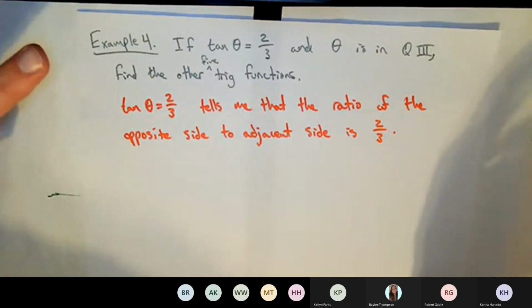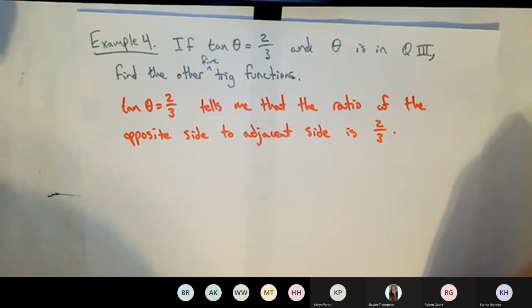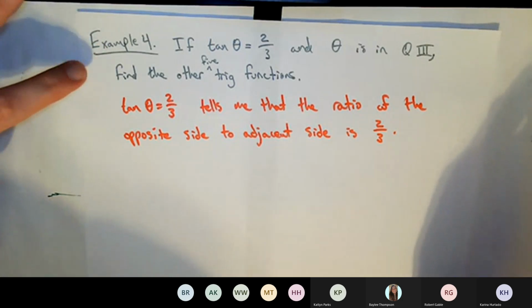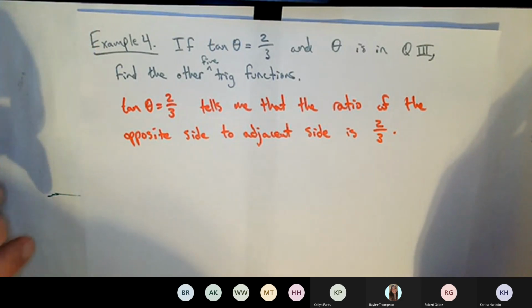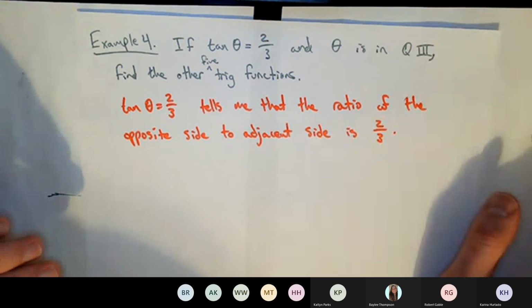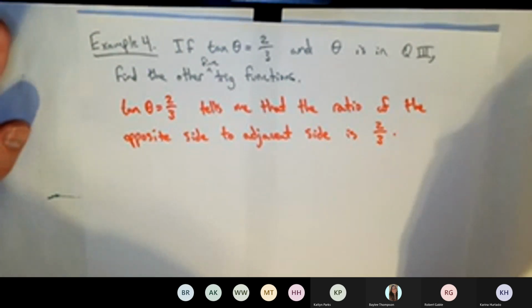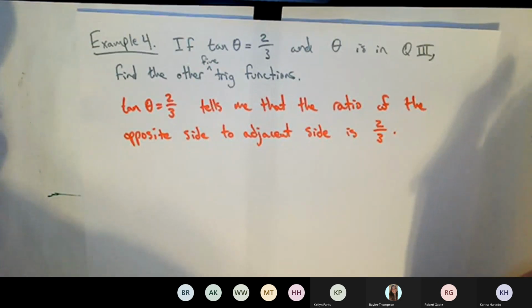That doesn't necessarily mean that when I draw my triangle the opposite side is exactly 2 and the adjacent side is 3. It just means the ratio of them is 2:3. But that's enough for us to work with. The ratio of the opposite side to adjacent side is 2/3.